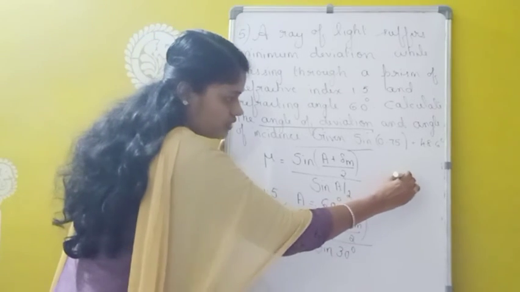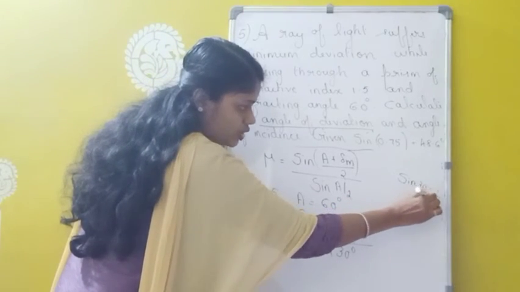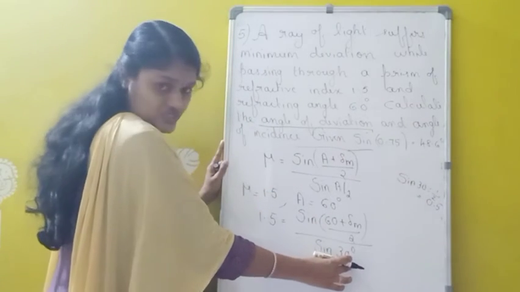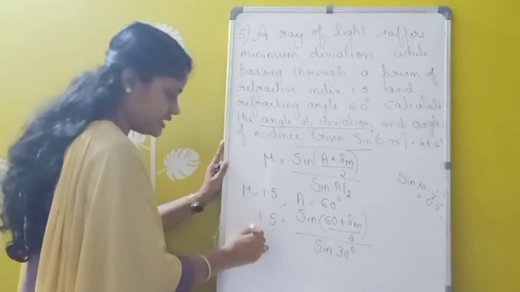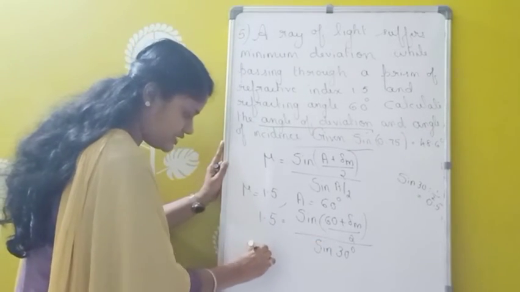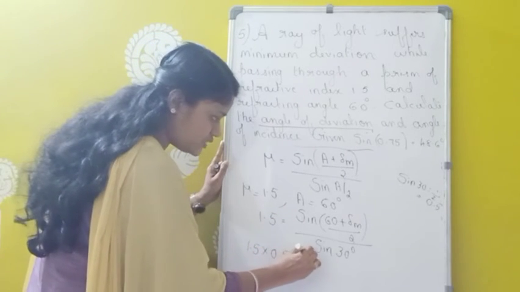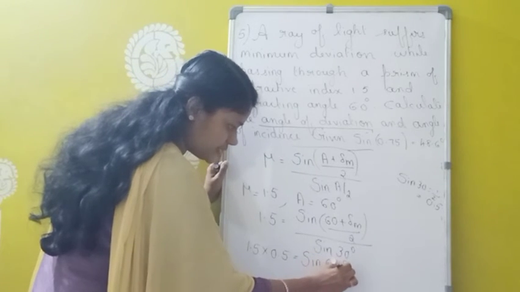What is the value? Sine 30 is 1 by 2, or we can write 0.5. So here we are getting 0.5. Just cross multiplying, I will be getting 1.5 into 0.5 equals sine of (60 plus delta m) by 2.